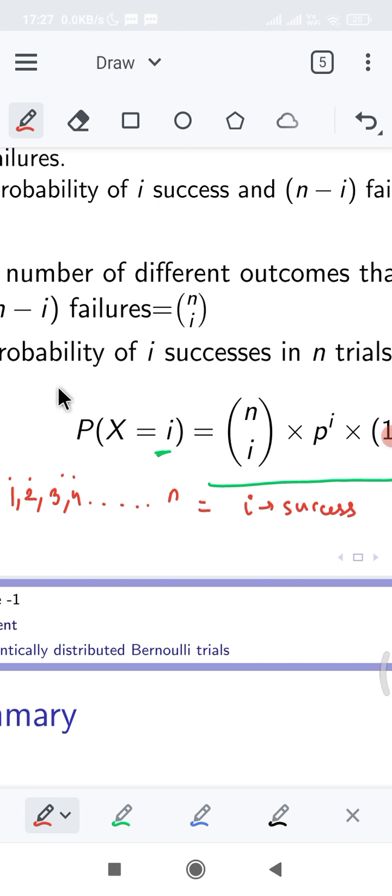So let me give you a short example. Let us suppose n is 4. The possible cases can be success, success, success, and success. It would be a total of 16, I suppose. So let us suppose n is just 2. Then it can be success, success, or success and failure, failure and success, or both failure.